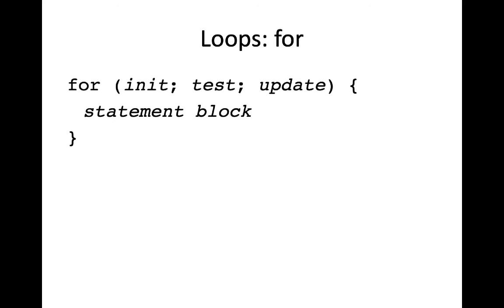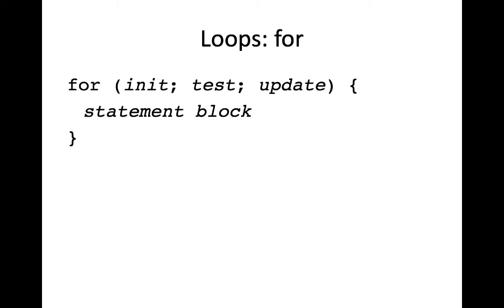A for loop is a little bit different, but technically, a for loop really is just syntactic sugar for a specific kind of while loop. So it doesn't add any real power. It just comes up so often that most programming languages provide a for loop form.